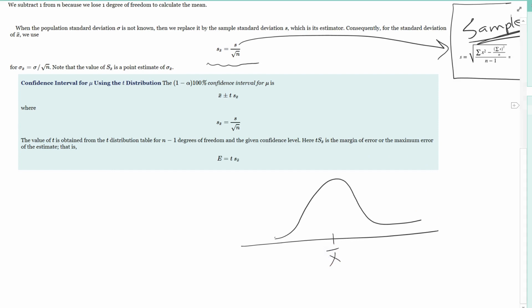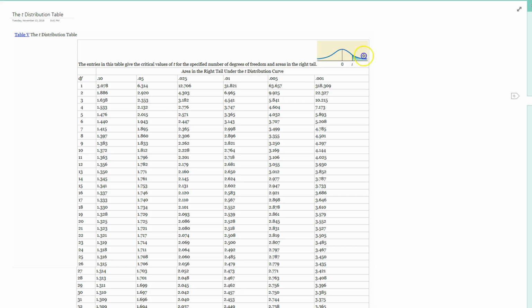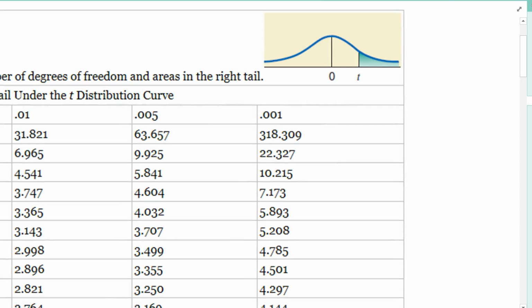And if you go to the table in the back of the book, it looks like this. So it's symmetric, and so whatever percentage is shaded in to the right of t is also going to be shaded in to the left of minus t. So when we look at this confidence interval, if this was a confidence interval at 90%, this would make up 5%, and this would make up 5%.